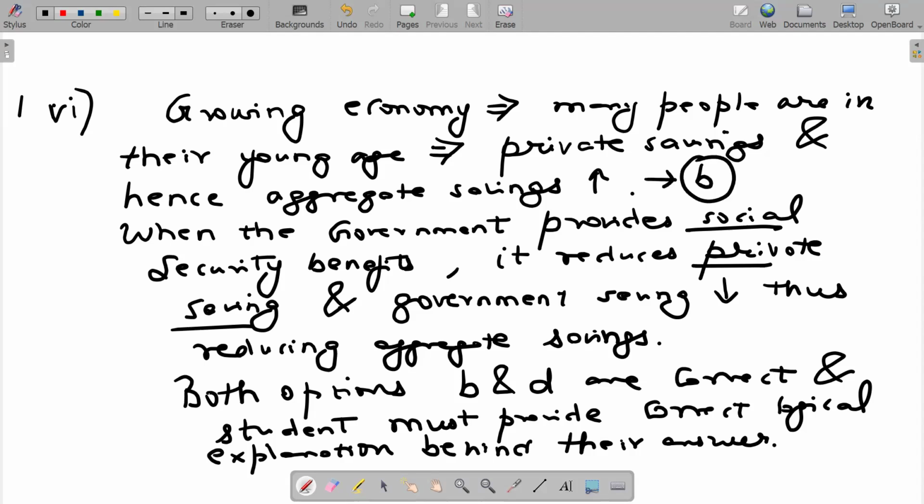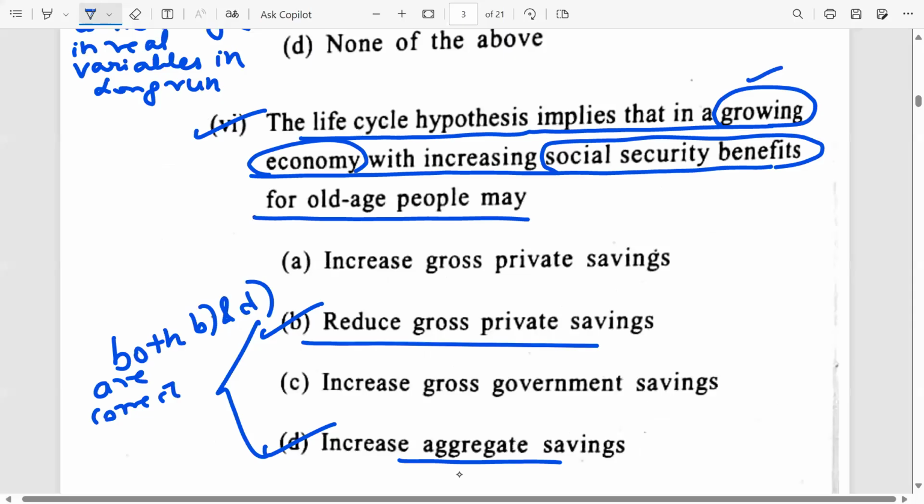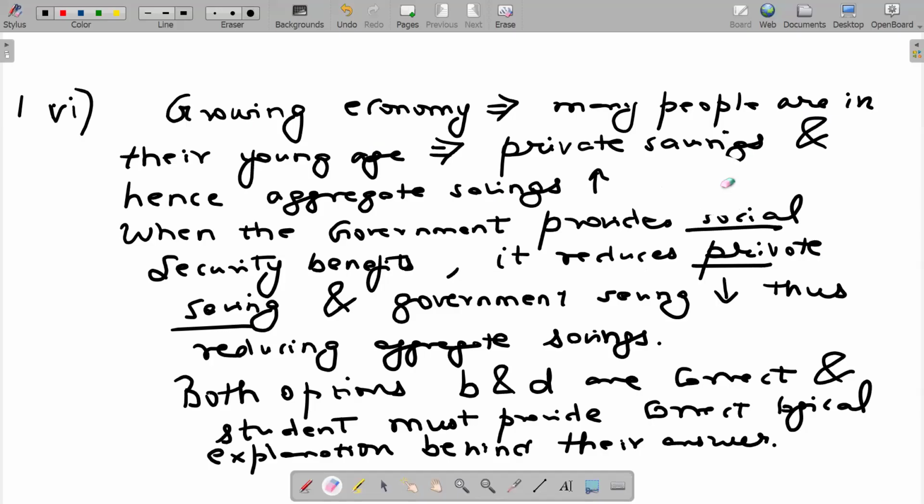So B was what? If I come back to the question paper, B was reduce gross private savings. So I correct myself. If students provide B as your answer, then your reason should be this.